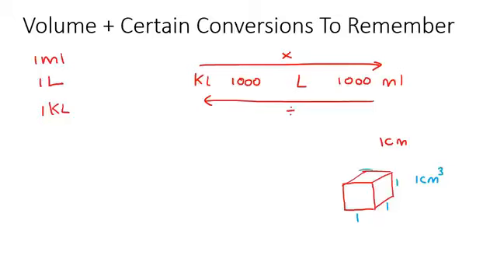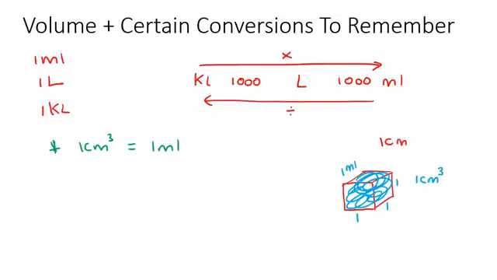Now, if you had to put water into that box, they have been able to prove that you would be able to put 1 milliliter. It's a tiny little box, so you'd put 1 milliliter of water. So the conversion that I want you to know is that a 1 centimeter cubed box can hold 1 milliliter of water, or 1 milliliter of liquid.